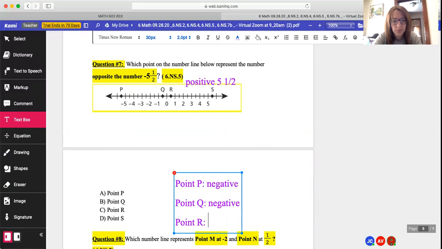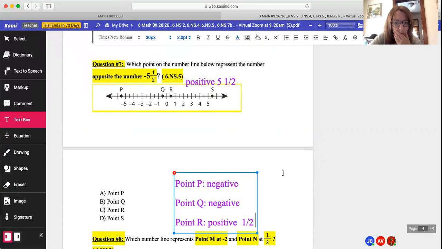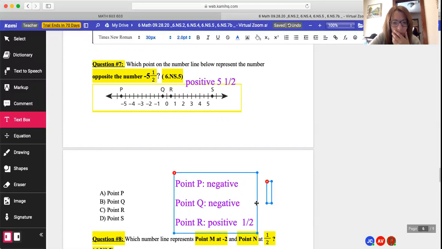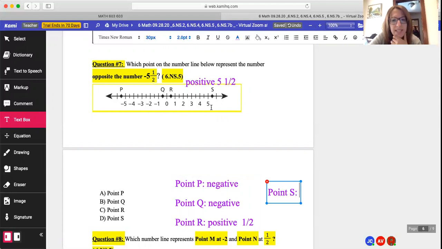Point R is in the positive. But now you have to ask yourself, what number is in between 0 and 1? And it's 1/2. So then we're going to look at the other point over here, which is point S. Point S is in the positive, right?